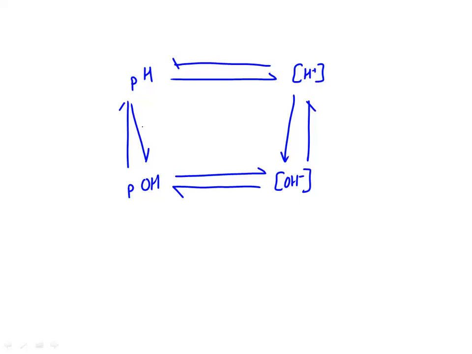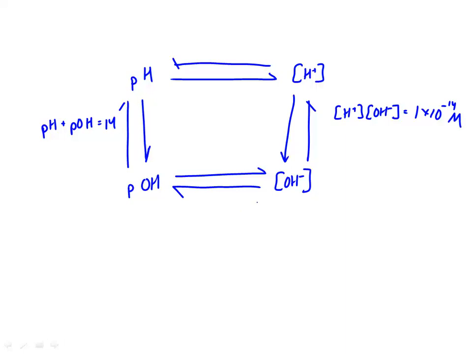If you're going between pH and pOH, that's simply the fact that pH plus pOH is equal to 14. If you're going between H plus and OH minus, that's simply the fact that the concentration of H plus times the concentration of OH minus is 1 times 10 to the minus 14.